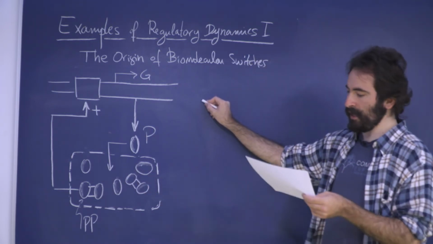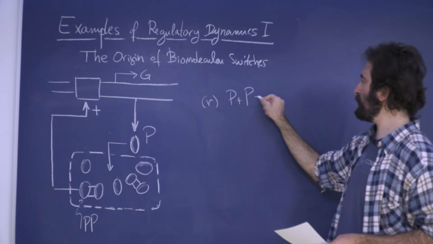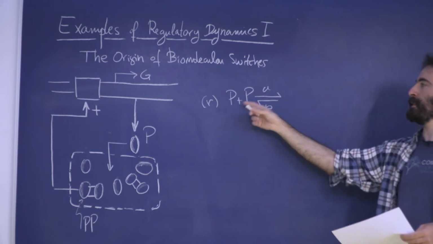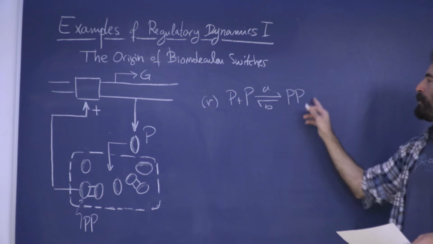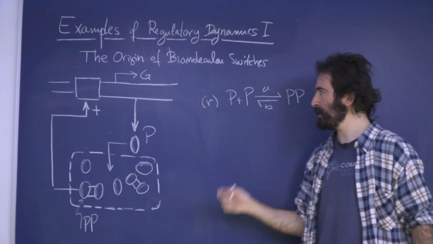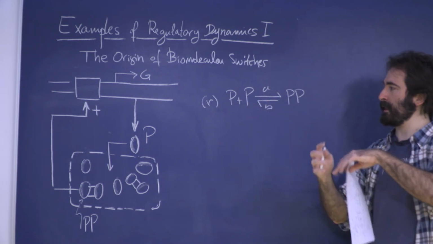So in this case, we're going to say that there's a reaction between this protein that is characterized by dimerization and de-dimerization rates, and here we have the dimerized protein, so there are now 2 of such proteins that are being generated by this gene, and they can either separate or bind together.